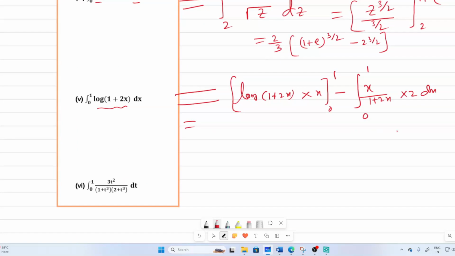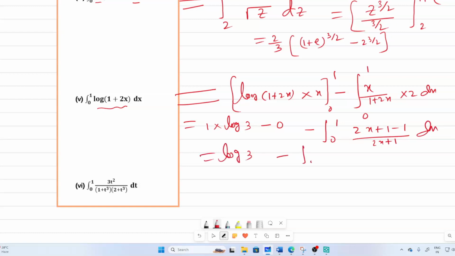This part, if you put the value, 1 into log 3 minus 0, minus this part is what? 0 to 1, 2x. 2x is 2x plus 1 minus 1 by 2x plus 1 dx. So there it will be log 3 minus integral 0 to 1 dx separate, this by this, plus integral 0 to 1 dx by 2x plus 1.